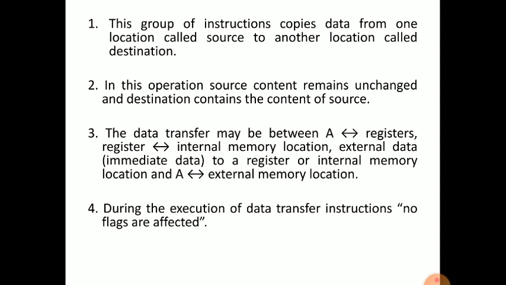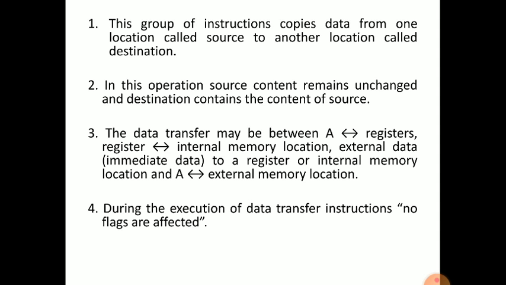And the most important thing is no flags are affected. Yes, this is the most important thing, because only the contents are copied. There is no generation of the parity flag, that is, the parity will not be affected because contents are just copied.